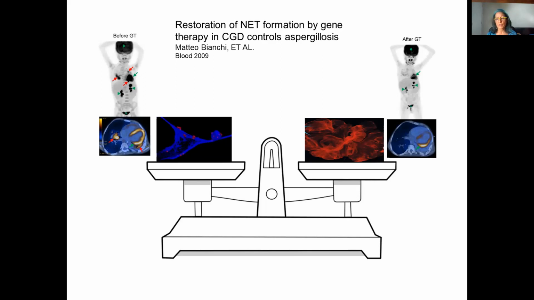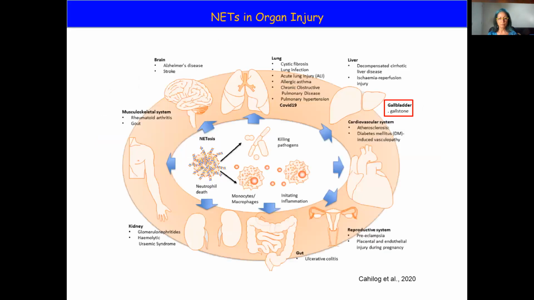They are a source of autoantigens, and they can cause autoimmune disease. So it's a balance. Sometimes you have a lot, and then it's not so good. Sometimes you have few NETs, and then you have problems too. It's something that needs to be balanced depending on the disease or the infection or anything.